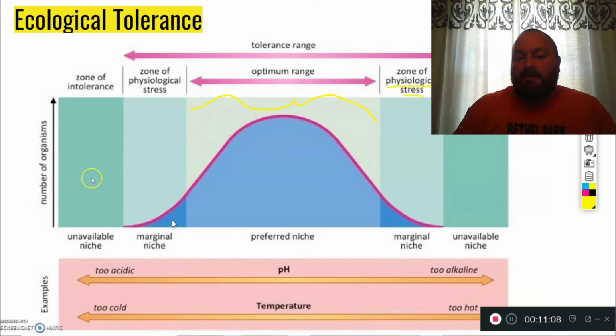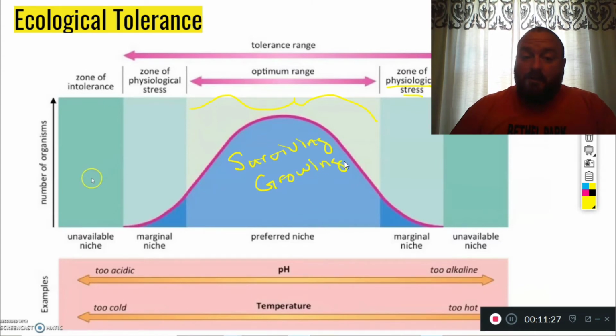There's also going to be a marginal range or a marginal niche. That's where the stresses are there, those physiologic stresses that are causing them problems. But organisms can still survive there. It's important to note, though, that here they're not just surviving, but their bodies are growing. The population as a whole is probably going to be growing, and we're going to see reproduction occur.